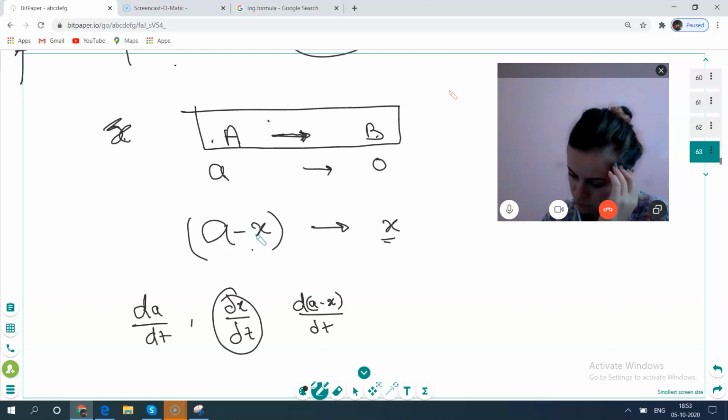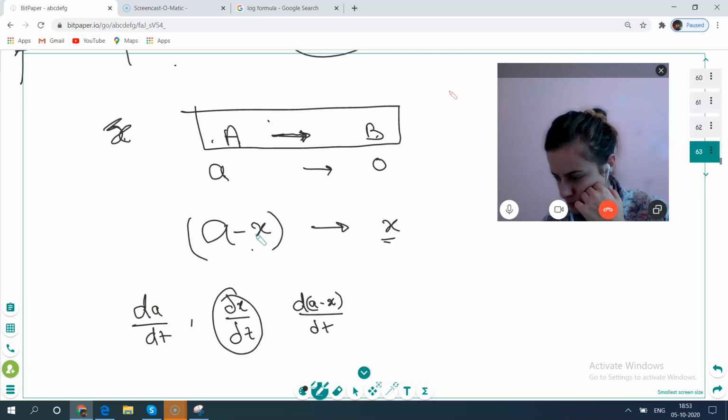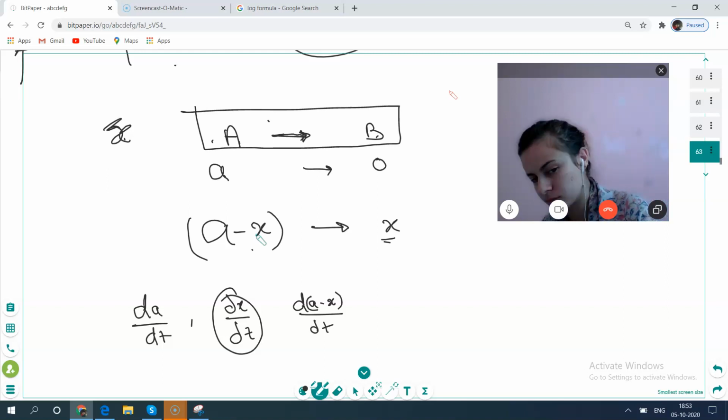So what is dx by dt? It is the rate of the reaction: how fast the product is forming, how fast the reaction is happening, how fast the concentration of A is changing.